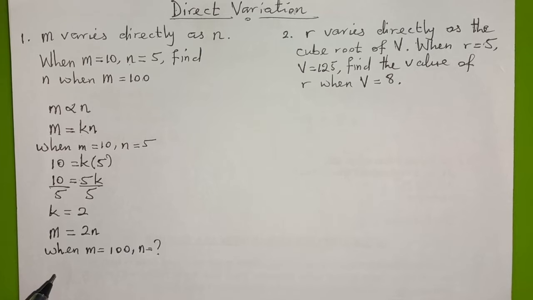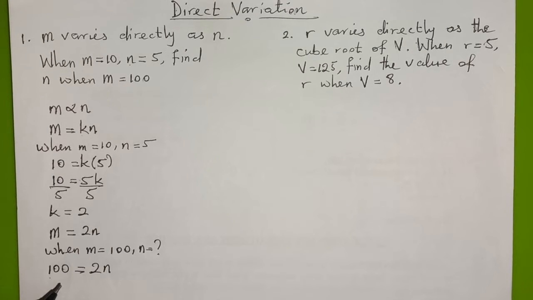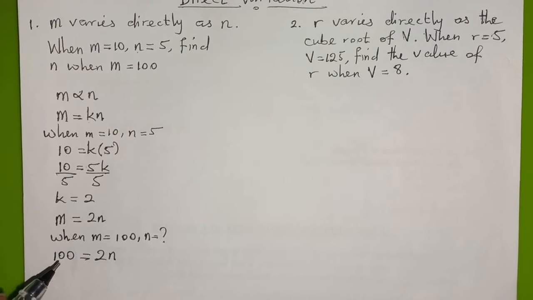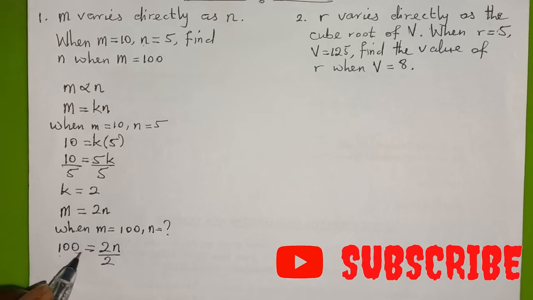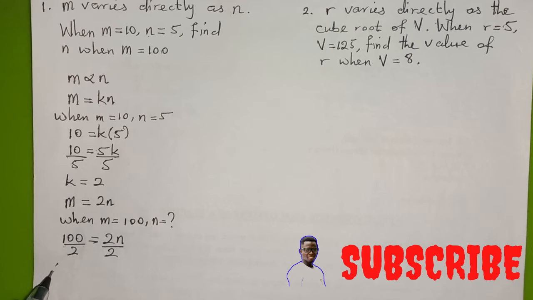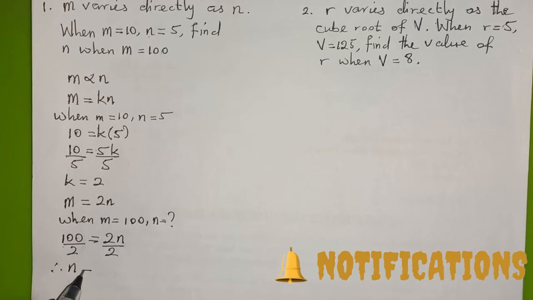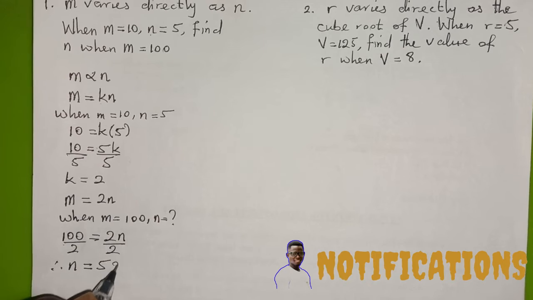This would become 100 equals 2n. What we need to do is to divide this side by 2, divide this side by 2 as well. Therefore, our n is equal to 50.